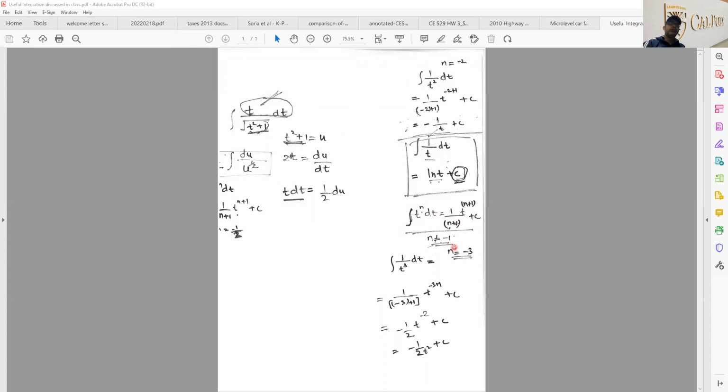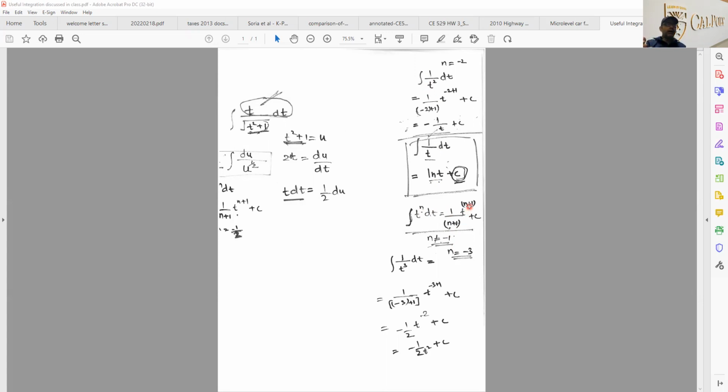Basically, our goal is to find the function which, when you differentiate it, you get what's inside your integral. So for example, if I'm trying to integrate t raised to power n dt, the integration is defined as 1 over n plus 1 times t raised to power n plus 1. And n could be any number other than -1. It doesn't have to be an integer.